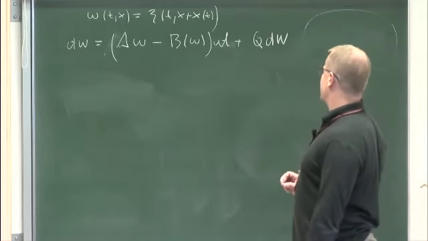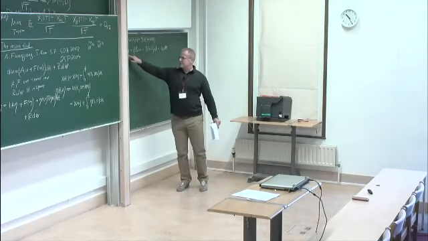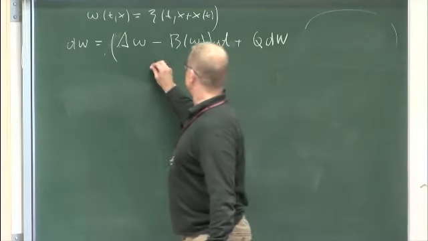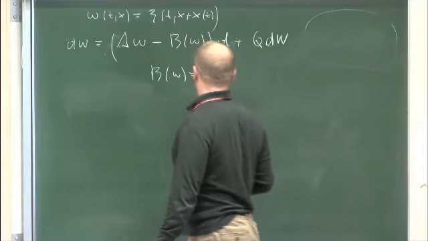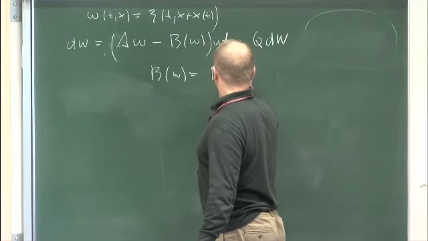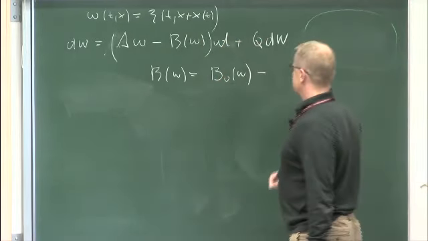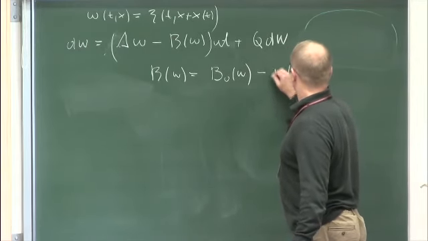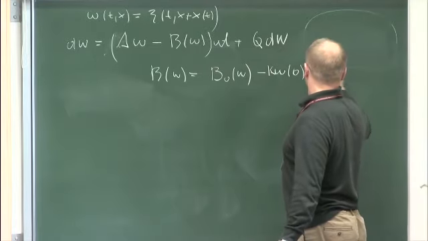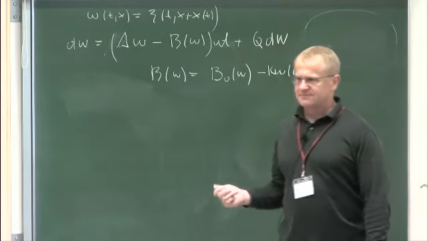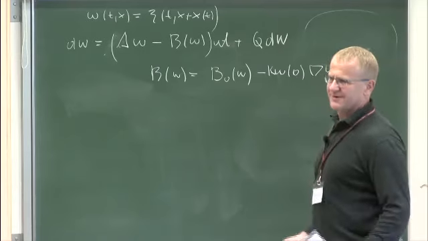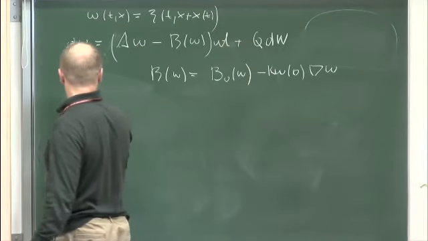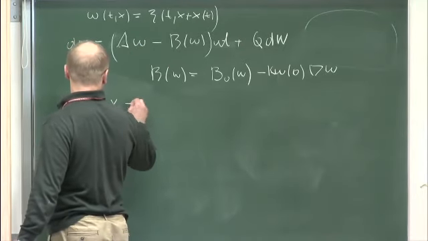So summing up, we can assume that we are interested in such a situation that omega satisfies this equation. B is B naught minus omega(0), gradient omega. That's the new nonlinear term. So we have this, and X of t is this.